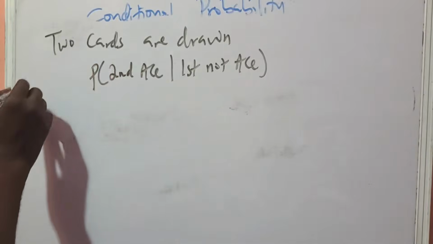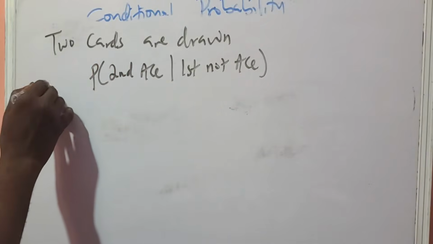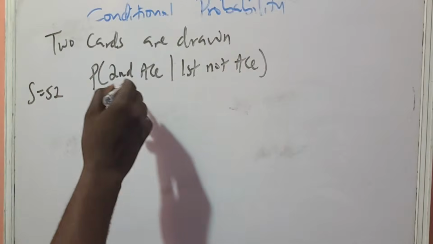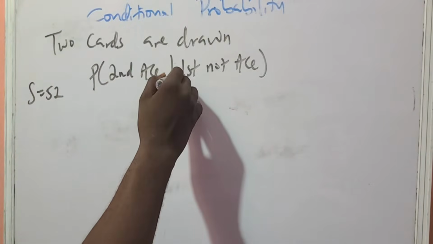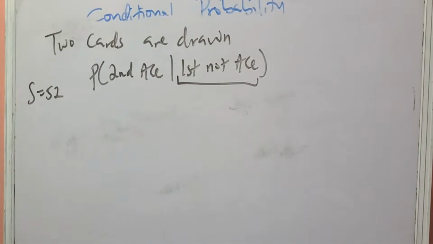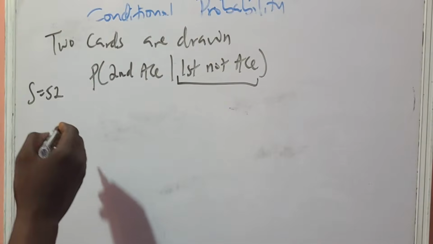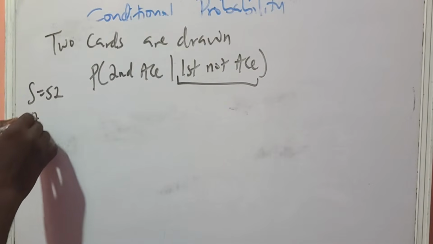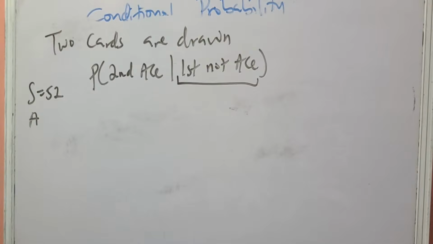So the total sample space for cards is 52, all right? First was not ace.